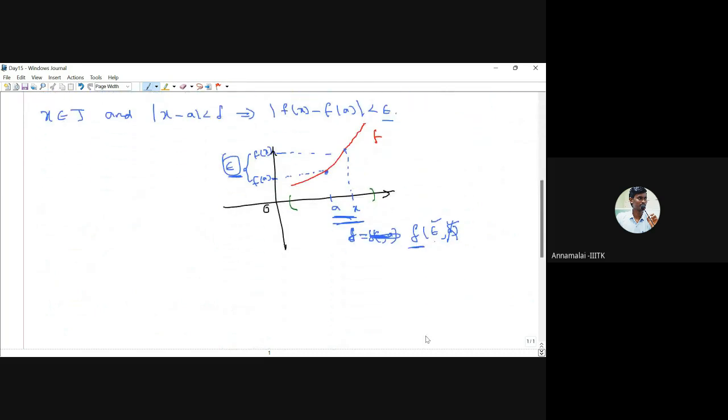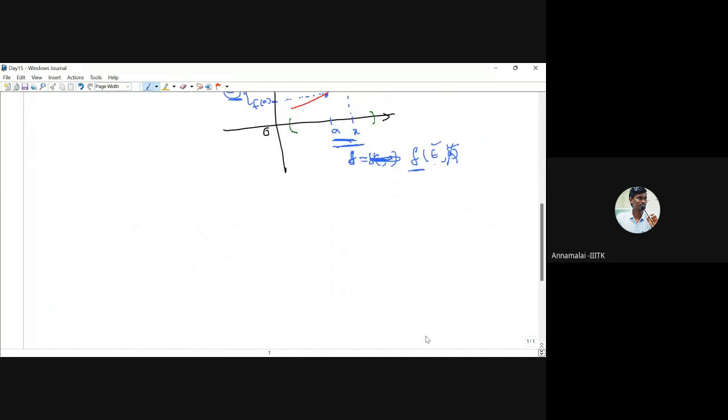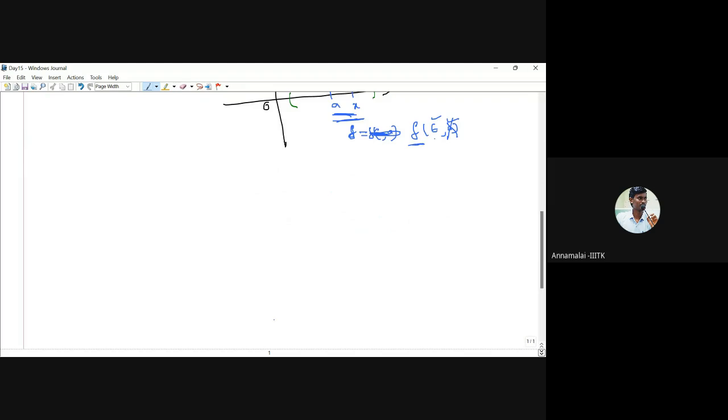Now, actually, what we have to estimate, suppose we have a function that is continuous: you have to estimate this inequality, that is, modulus of f of x minus f of a is less than or equal to some constant C suffix a, which is a function of a, into modulus of x minus a.